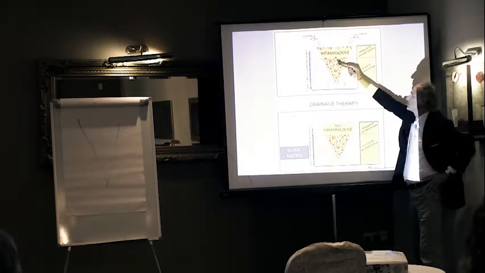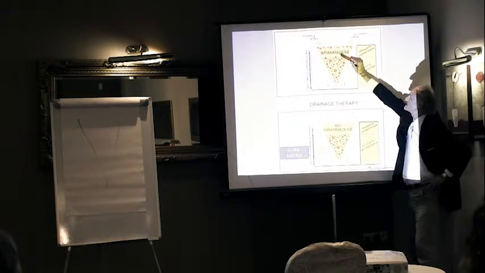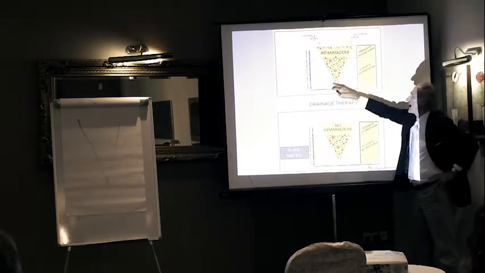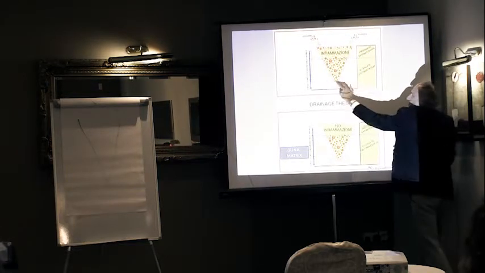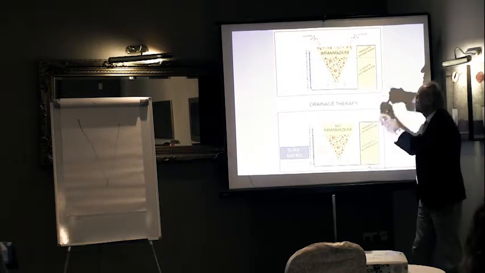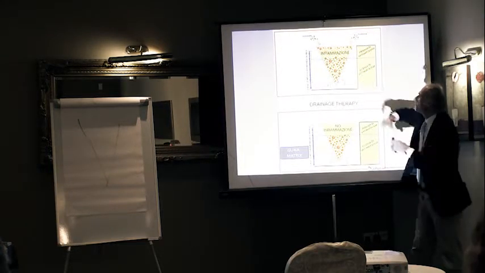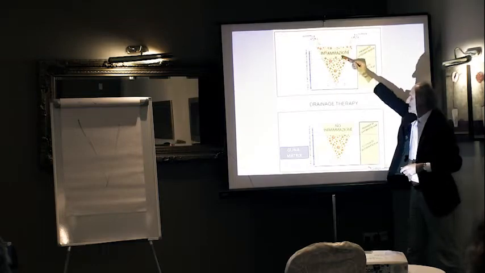But the problem is that when you trigger the inflammatory process, you have also symptomatology. In this case, I try with this picture to show you that if you don't have a good drainage, if you don't have faucets working well, you start inflammation.